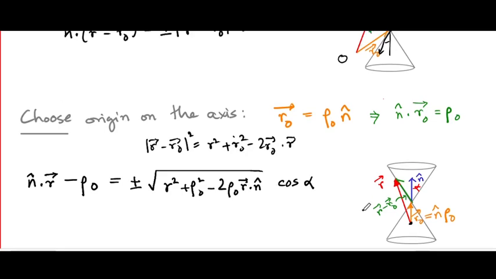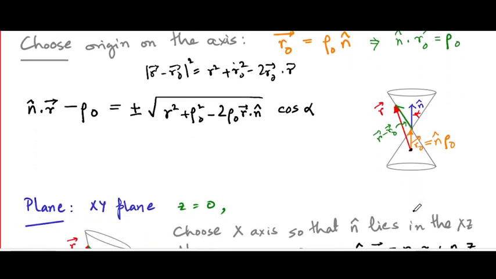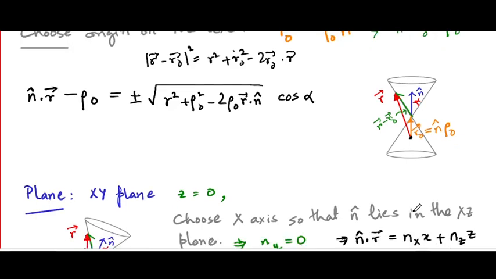Until now, we have just chosen the origin as a point where our axis, the axis of the cone, cuts the slicing plane. We will now make a choice of coordinate system with, of course, this point as the origin, and essentially choose our x and y axis in such a way that the xy plane happens to be the plane slicing the cone. So on the plane slicing the cone, our z coordinate will be 0.